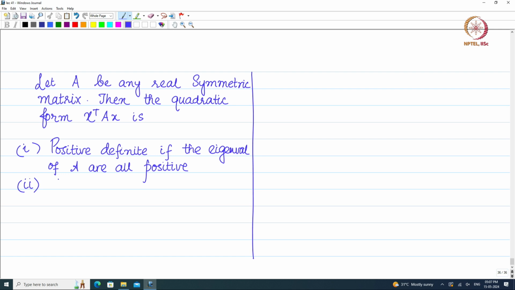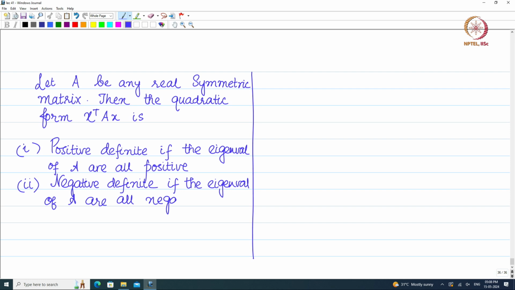Two, negative definite if the eigenvalues are all negative. Three, indefinite if A has both positive and negative eigenvalues.